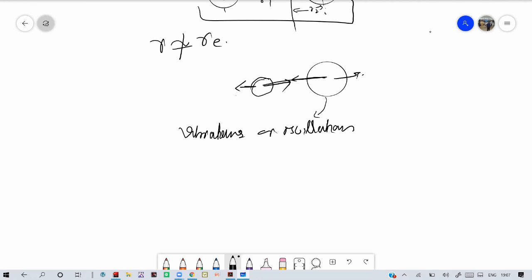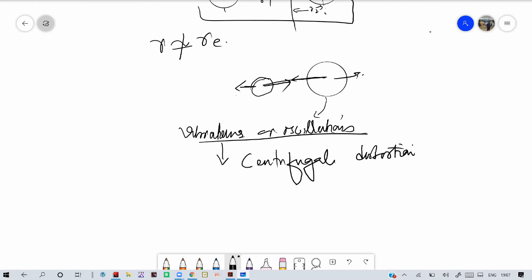We will study the pure vibrational spectra in detail. This vibration does not occur on its own, it occurs because of centrifugal distortion. So there is a distortion in the bond axis due to centrifugal forces between the two atoms.